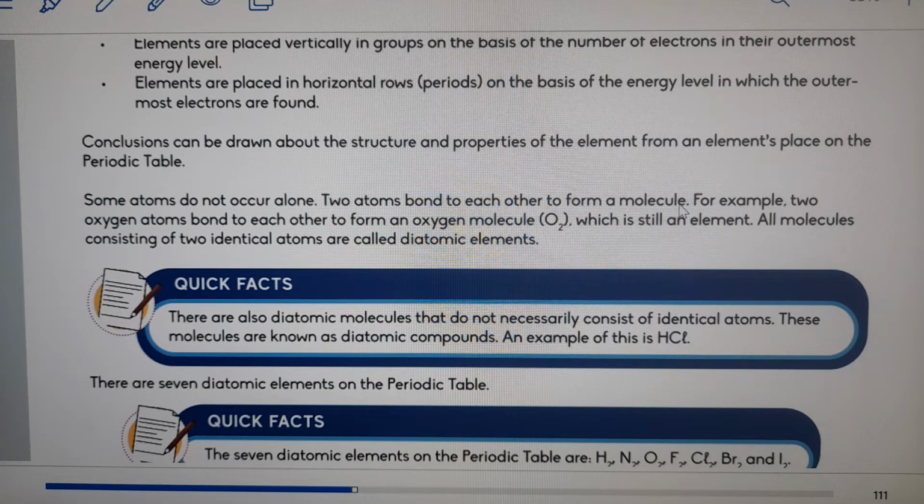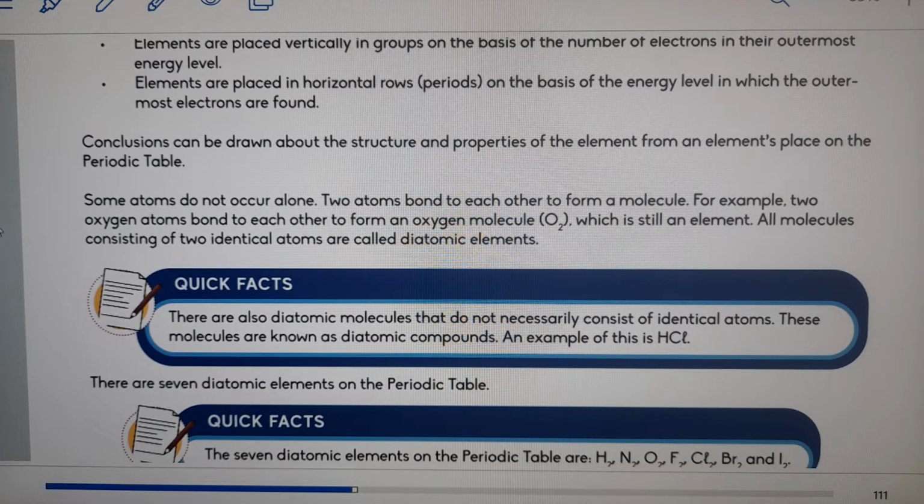If I have two oxygen atoms bonded to each other, they form an oxygen molecule, which is O2. If I have the same atoms, I still have an element, although it is a molecule.